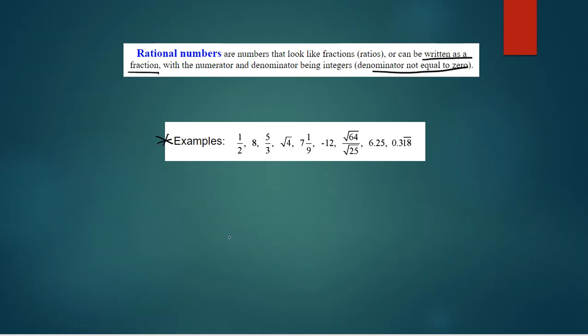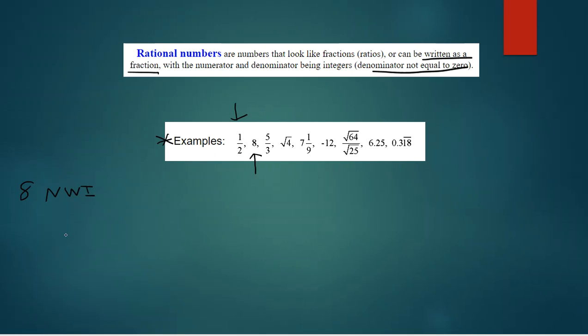Now, I have given you some examples here of rational numbers. We just talked about the fact that rational numbers can be written as a fraction. So as you look across this list, you may say, okay, 1/2, I can see that that's a fraction. What about 8 though? 8 is not a fraction. 8 is a whole number. We could classify 8 as a natural number, a whole number, and an integer.